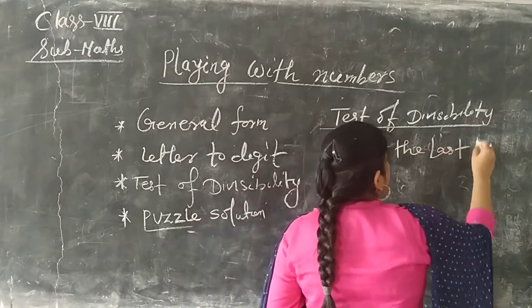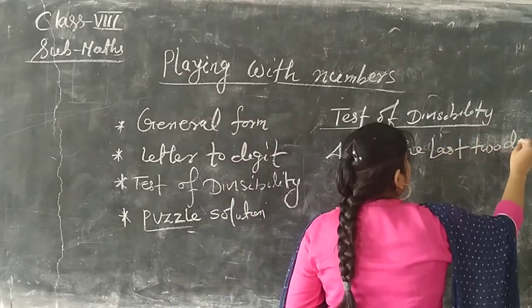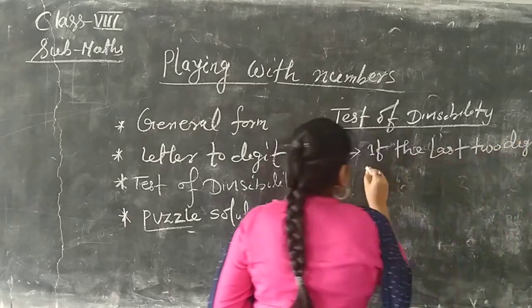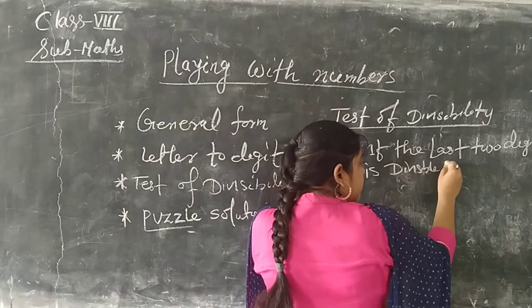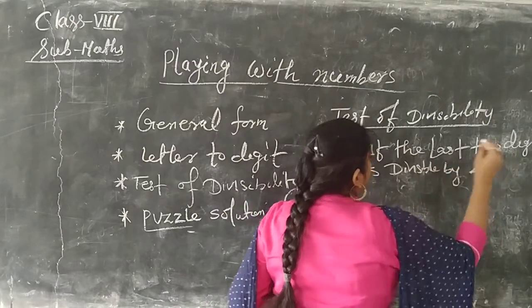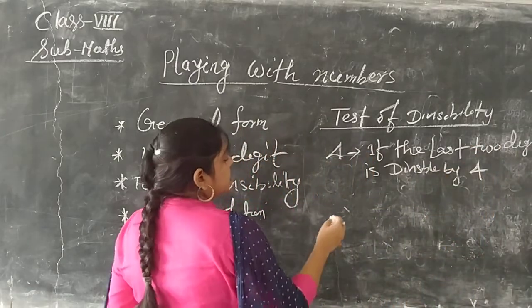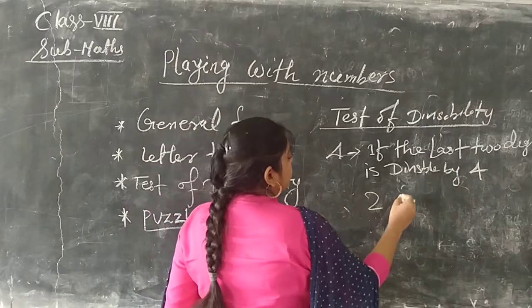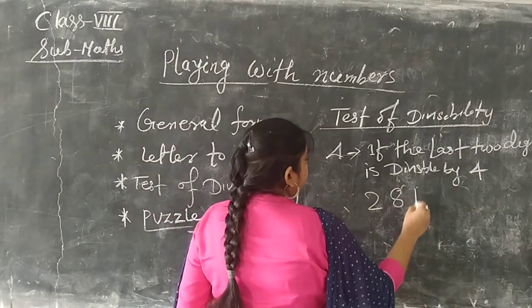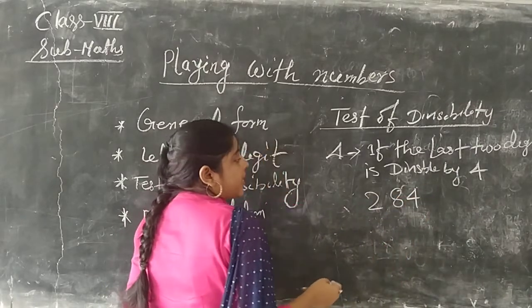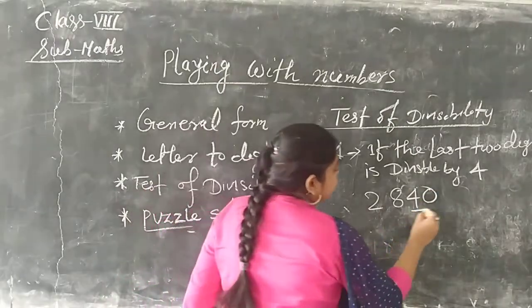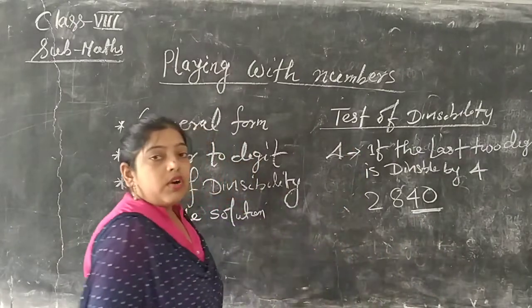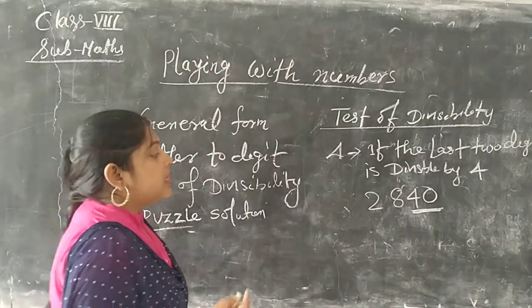The rule for 4: if the last two digits are divisible by 4. For example, 2840. Look at the last two digits, that is 40. 40 is divisible by 4. Yes.